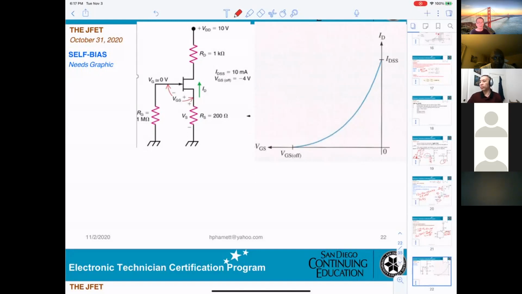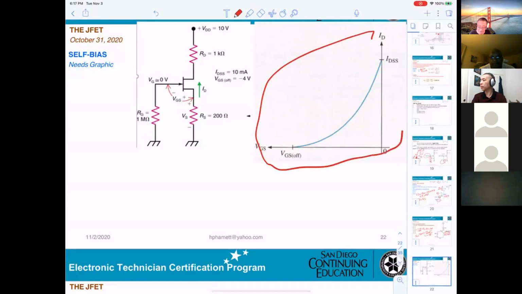So basically, in order to solve for this self bias, they must give you the drain characteristic, which means the graph right here. They must give you that.